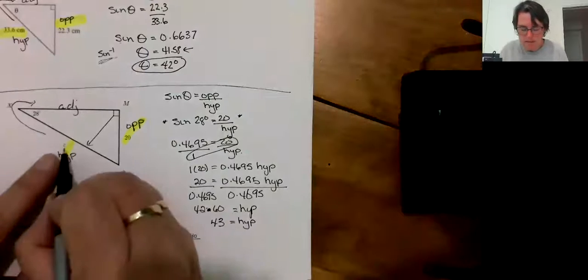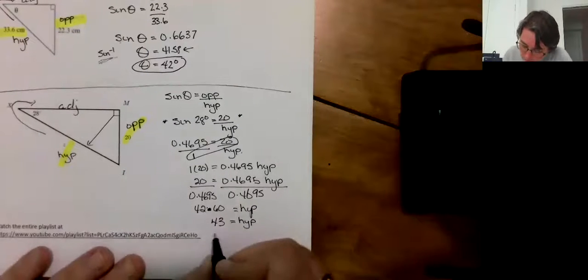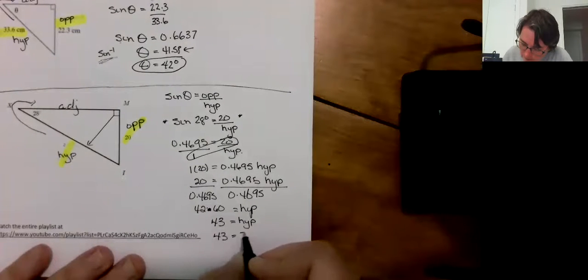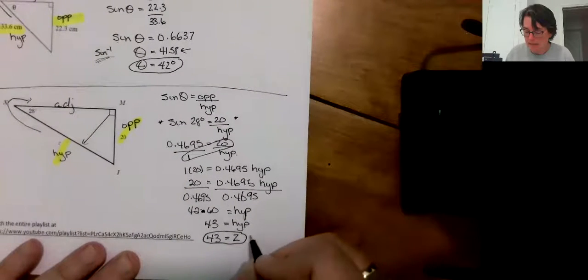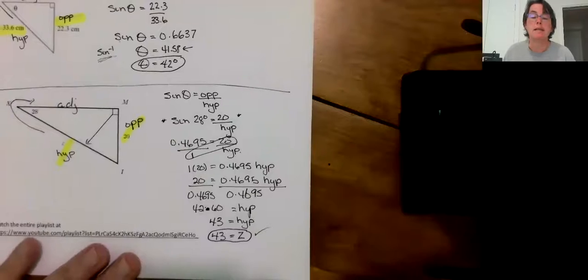Or in this case, there is a little bitty z there, so 43 is equal to z. And there were no units, so ta-da, and there we go.